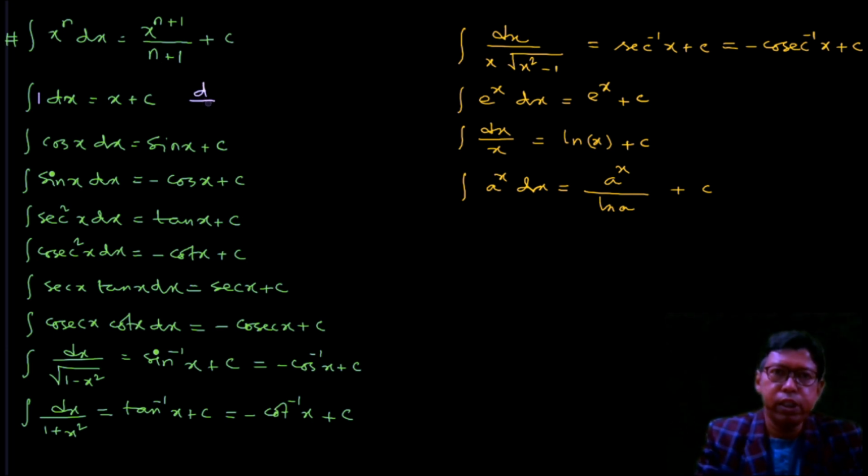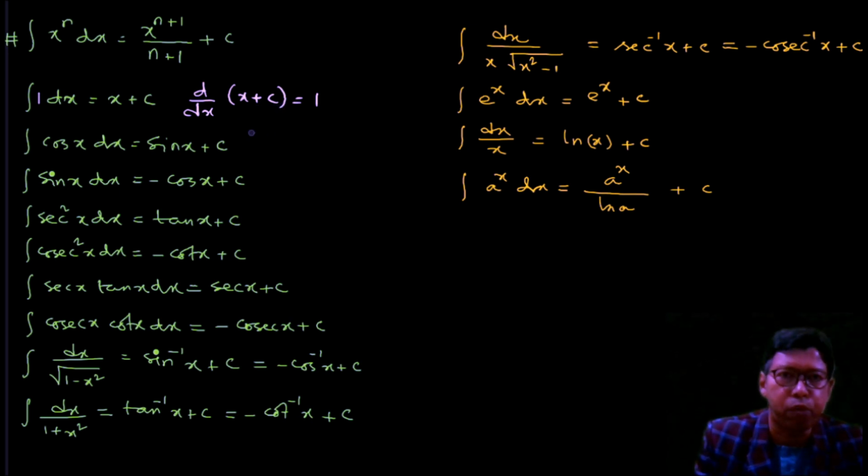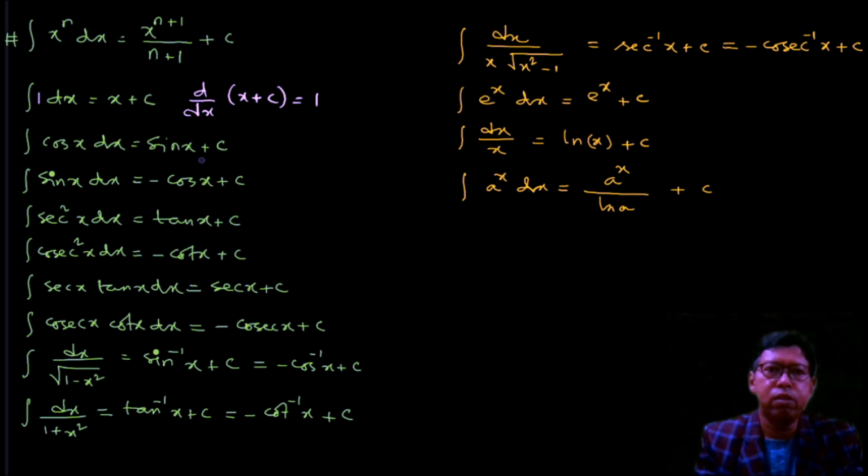If you differentiate x plus c, you get 1, isn't it? The derivative of x is 1 and c is a constant, its derivative is 0. So you are getting 1. And integration of cos x is equal to sin x plus c. Integration of sin x dx is equal to minus cos x plus c. These results are given here. You just stop the video and write the formulas in your formula list.